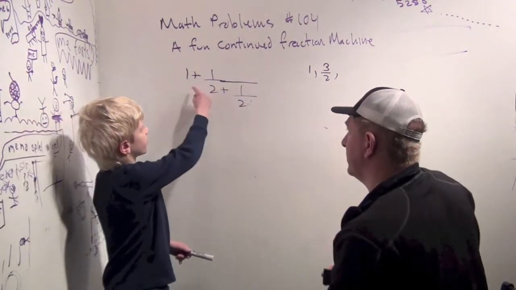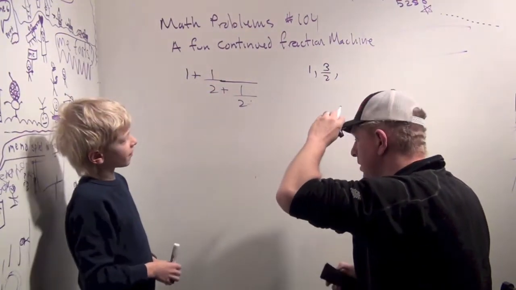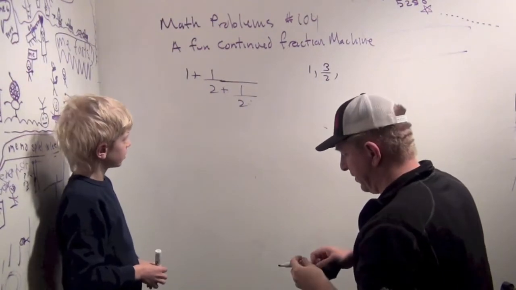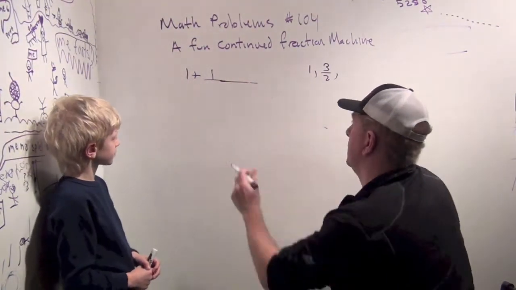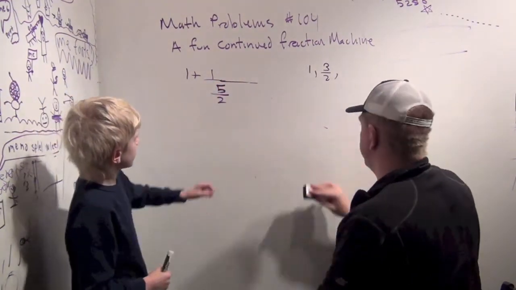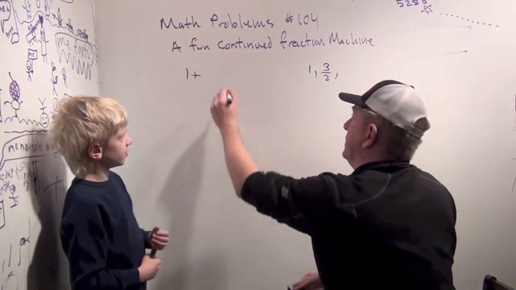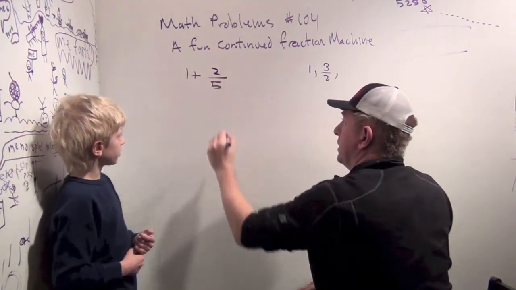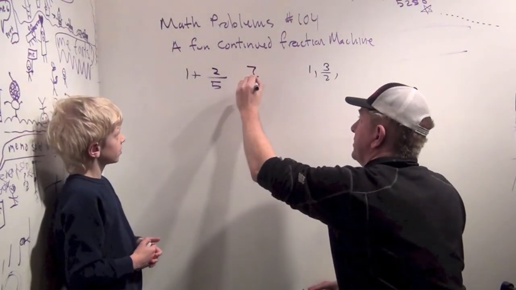If I stop there, you have to do this, and that's 5 halves. Then 5 halves over 1 is 2 fifths. And then 2 fifths plus 1 is going to be 7 fifths. Awesome.